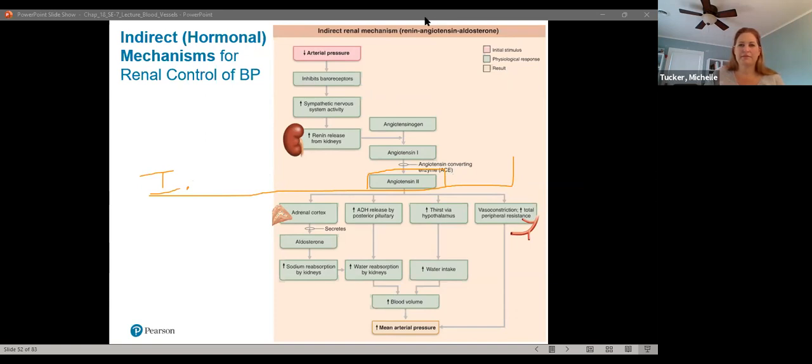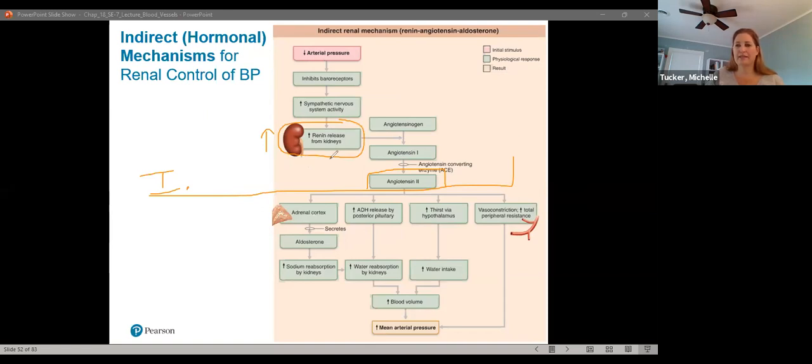So if there's a decrease in our arterial pressure, then we go through a cascade to get renin released from the kidneys. So a decrease in pressure increases renin.